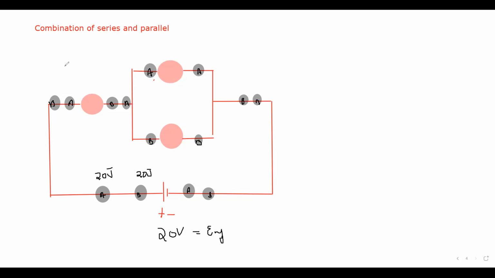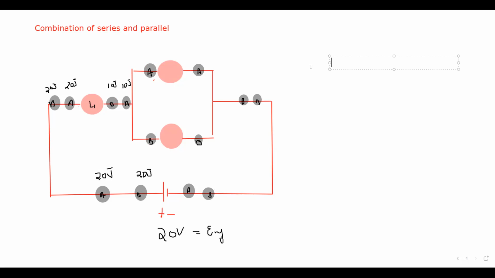Look, before entering, A was having 20 joules. Before entering, B was also having 20. But when it passes through lamp 1, A is having, say, 10 joules of energy, and B is also having 10 joules of energy. What is the potential difference here? What is the meaning of potential difference? Potential difference means energy transferred by one charge.